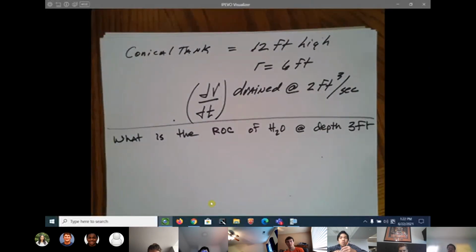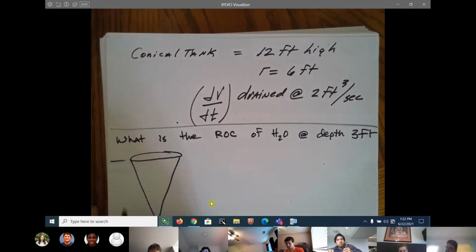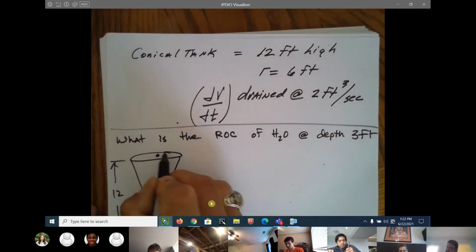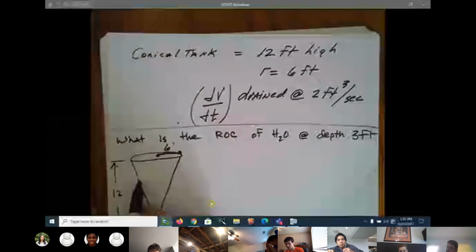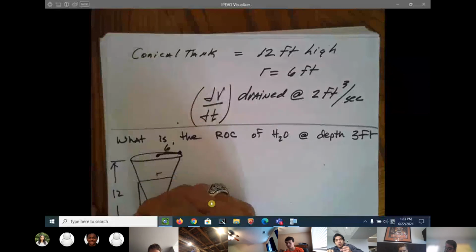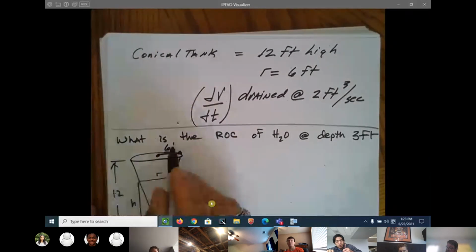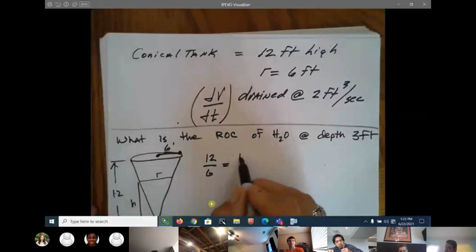Okay, the first thing you're going to do is set up a similar triangle, because you've got a tank that looks like this. It's 12 feet high and 6 feet radius. Here's your radius, and here's the height. So 12 is to 6 as h is to r.